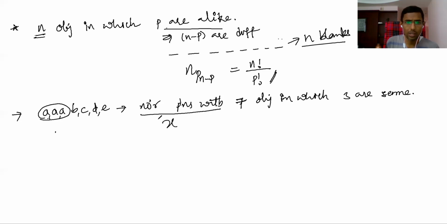I am telling you another approach that is given in the textbook. You don't know the number of permutations with 7 objects in which 3 are same, therefore let it be x. So x permutations are there. But if these 3 are different objects, let them be A1, A2, A3.